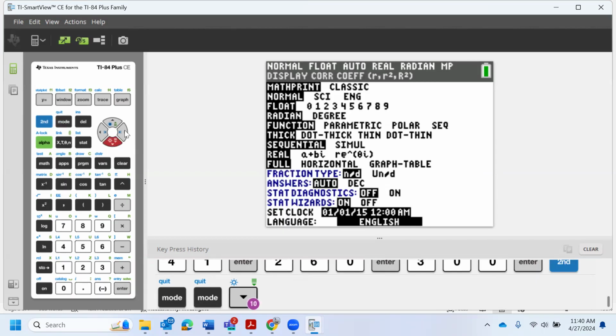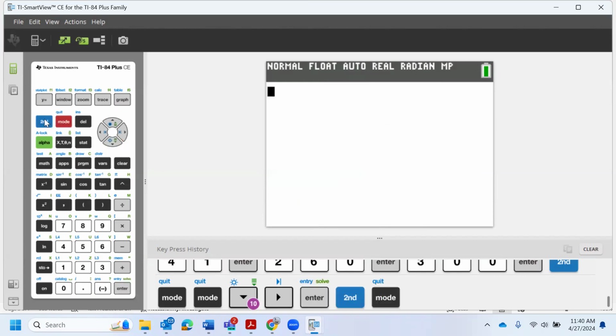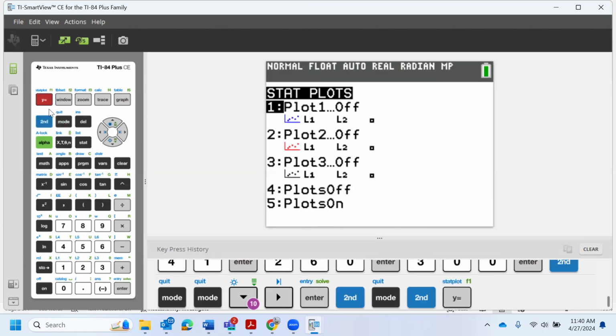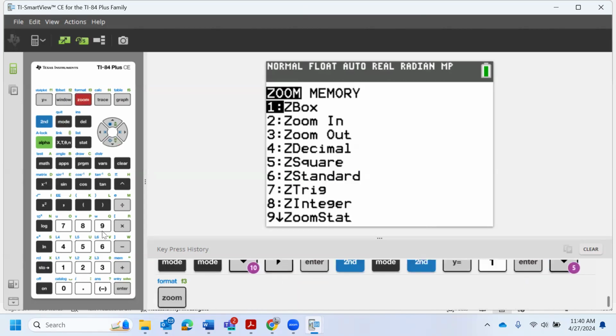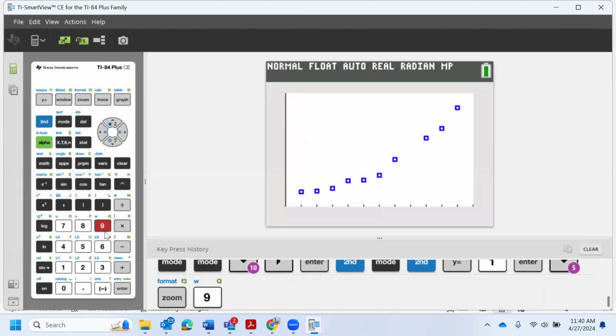Then second Y equals, go to number 1, and it is type 1. The defaults, everything is by default, and then zoom 9. Okay, all the steps were given.